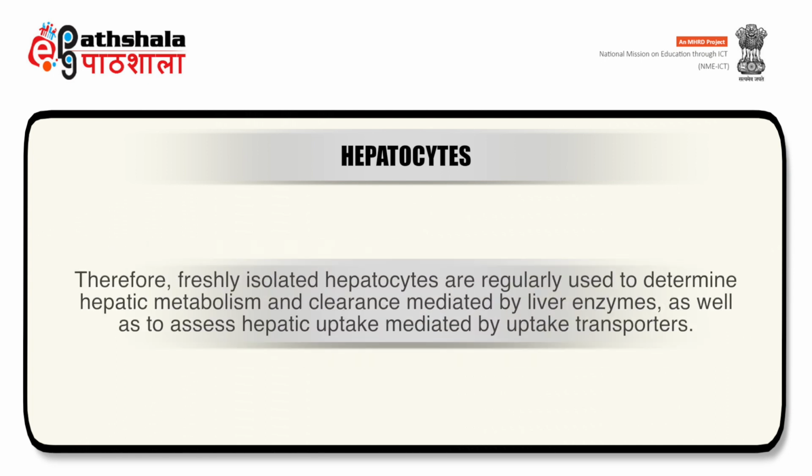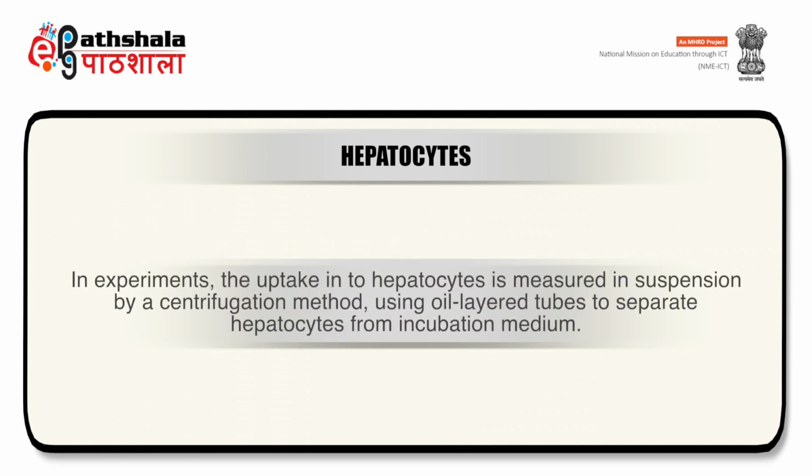Therefore, freshly isolated hepatocytes are regularly used to determine hepatic metabolism and clearance, metabolites by liver enzymes, as well as to assess hepatic uptake mediated by uptake transporters. In the experiment, the uptake into hepatocytes is measured in suspension by a centrifugation method using an oil layer tube to separate hepatocytes from the incubation medium.